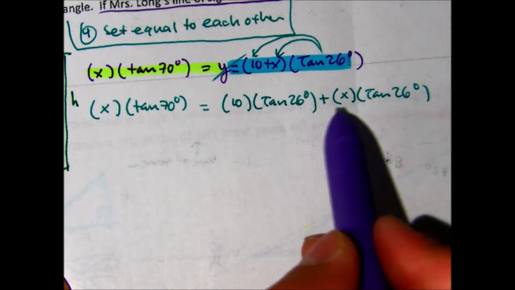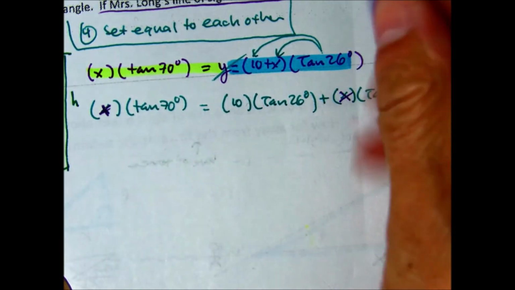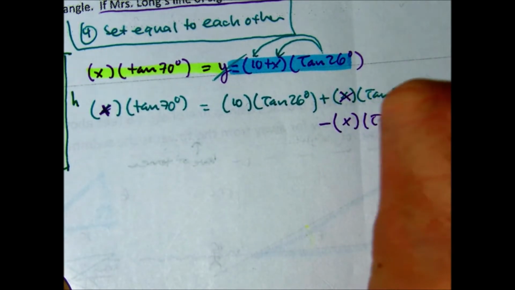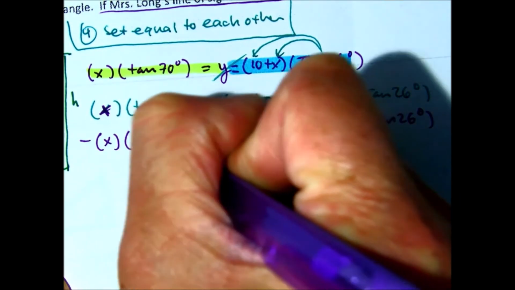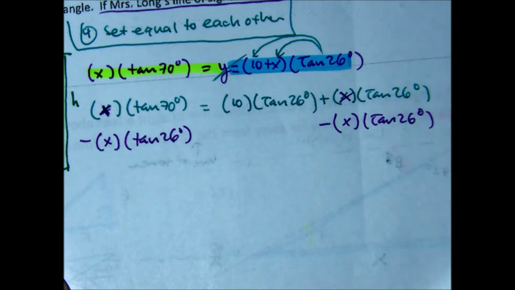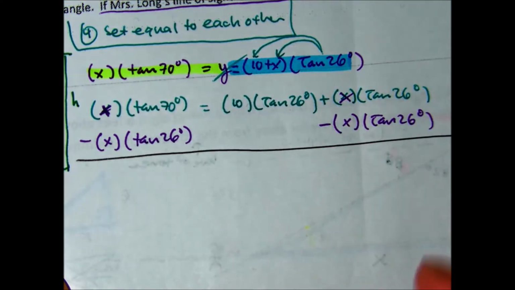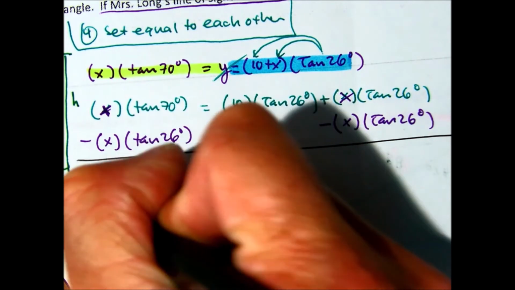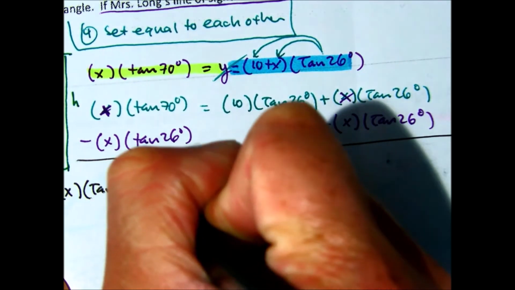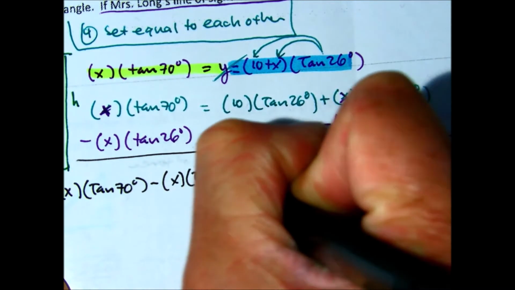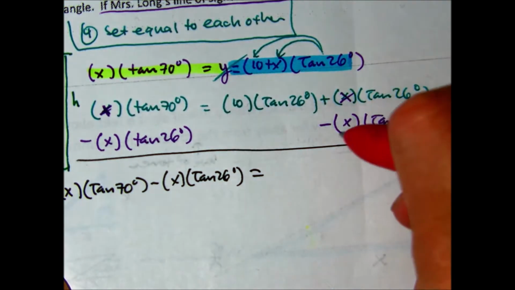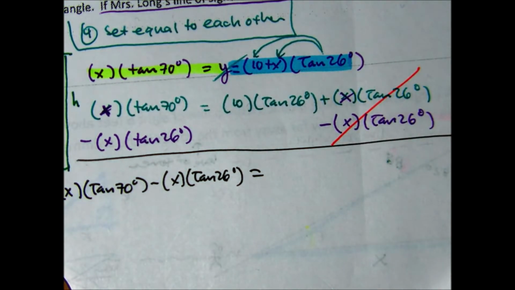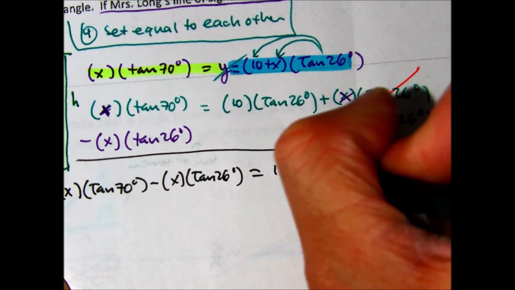I'm going to get the x's together. So now I'm going to subtract x times tangent of 26 from both sides. And now I'm left with x times tangent of 70 minus x times tangent of 26 equals, this cancels, 10 times tangent of 26.